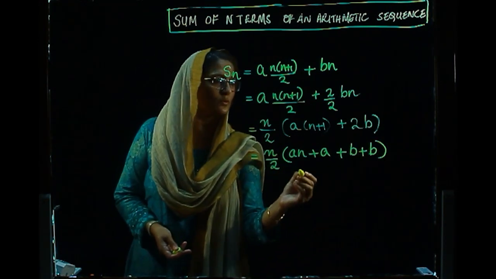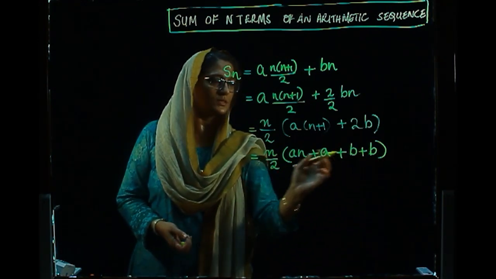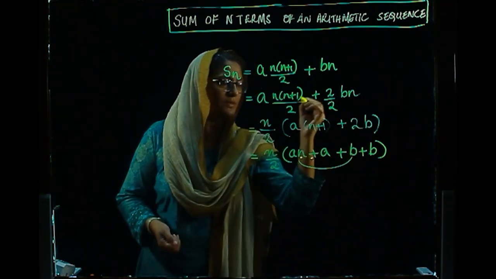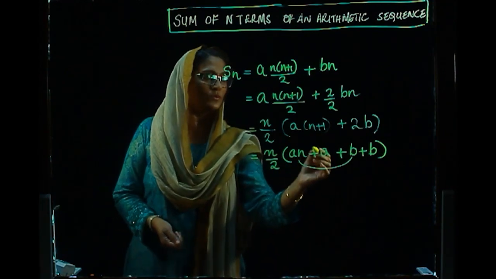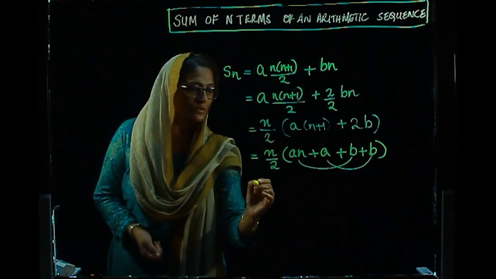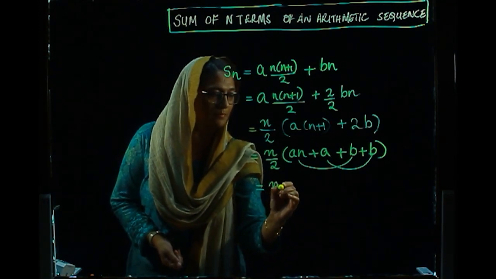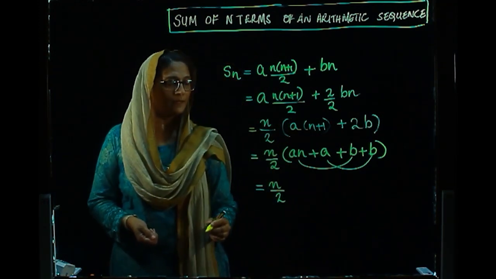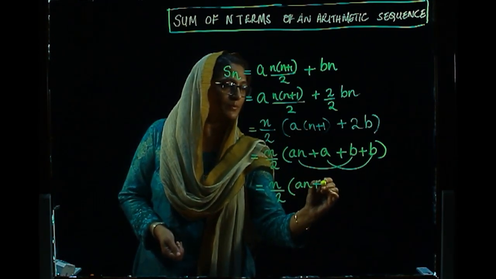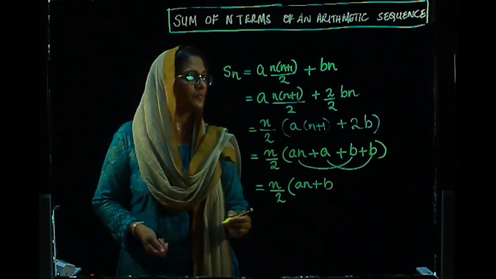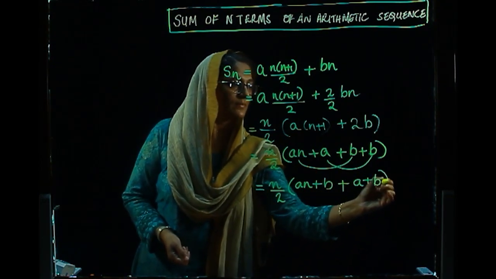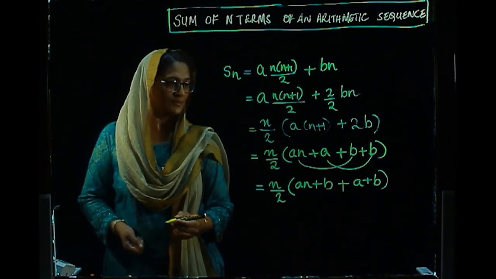Now I am going to group the bracket in two sections. I am going to take an and 1b together, and I am going to take a and b together. So grouping it, I have n by 2 multiplied by an plus b, that's the first group, plus a plus b, that is the second group.